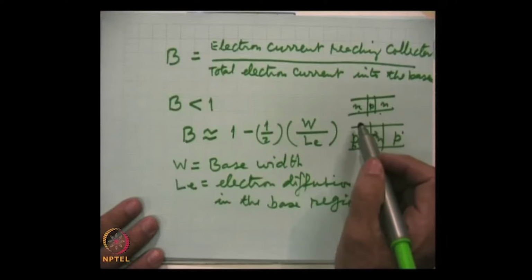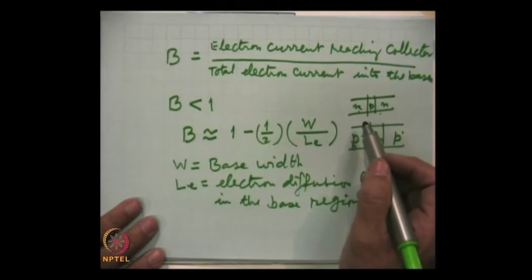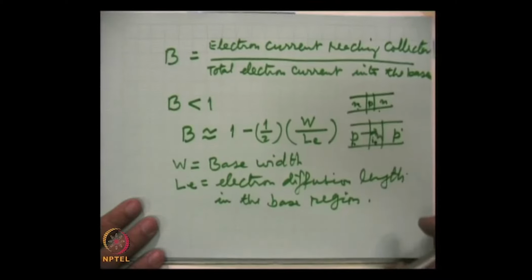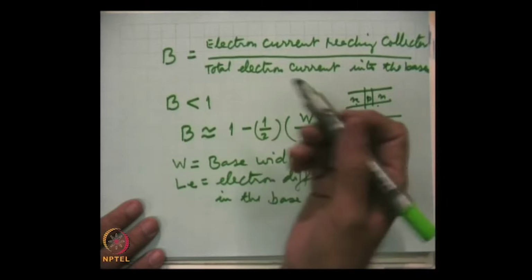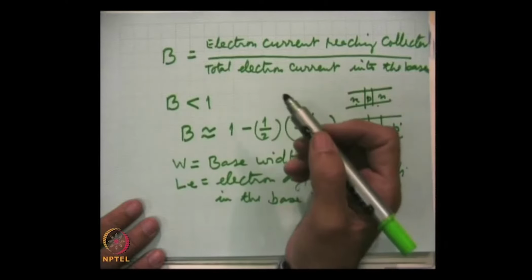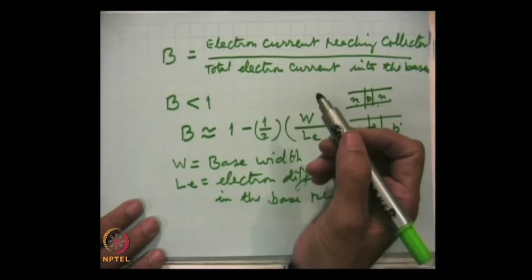So, a BJT, bipolar transistor, is a minority operated device. It is current operated, everywhere we are talking of current, and hence it is a current operative device.